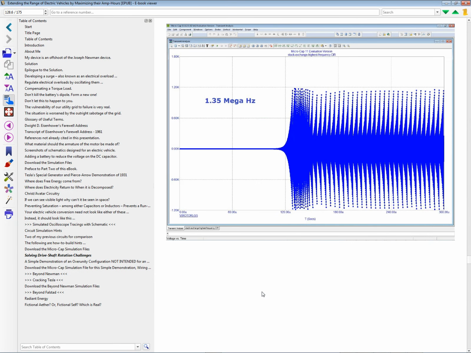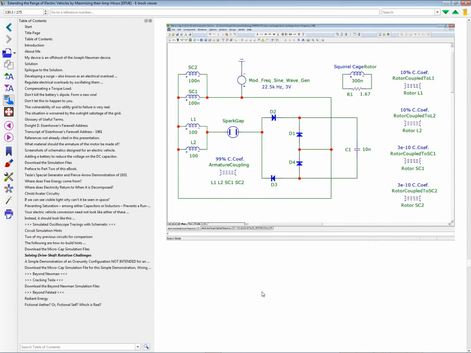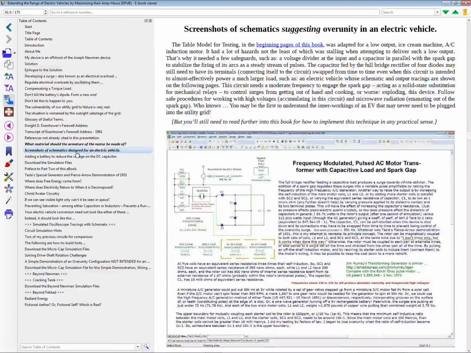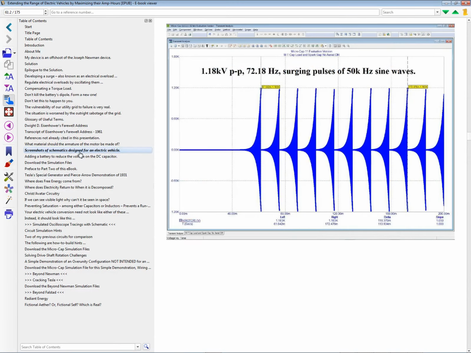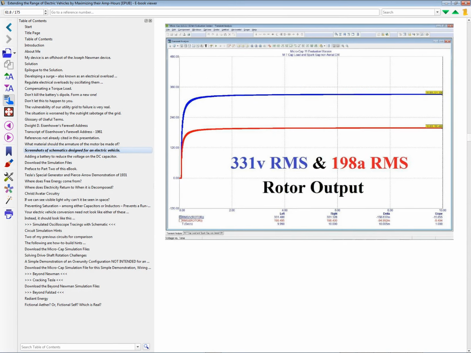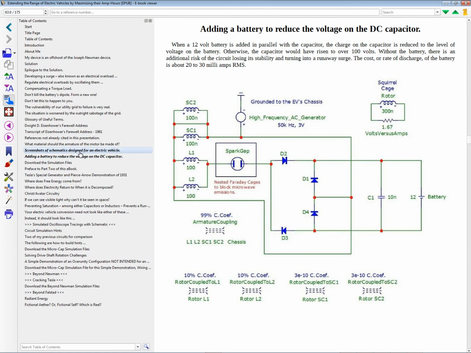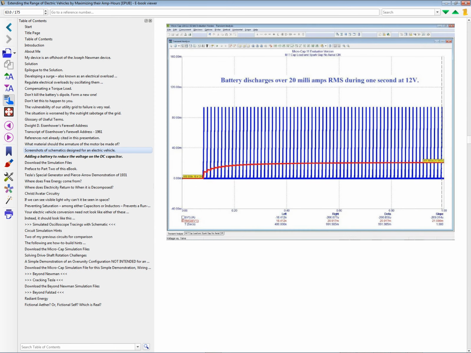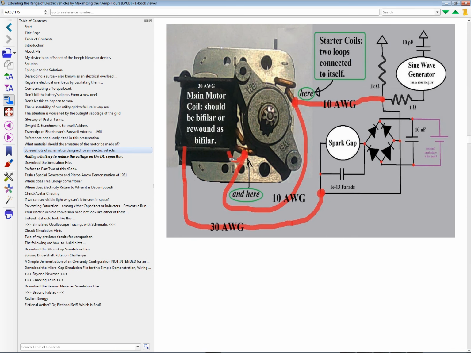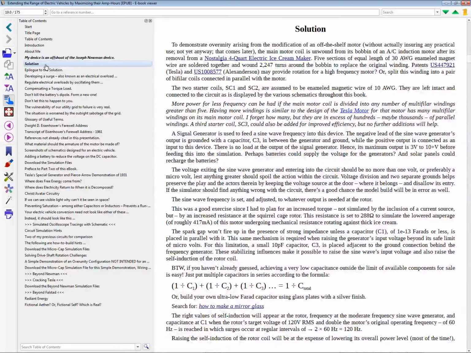Let's see if I put a... So there's the circuit. Let's see. No, I don't have it here. Okay, I'll have to bring it up. There's another place. Where is it? I have so many schematics and images in here. Nope, it's not there. Alright, where are we? Situation, vulnerability, solution. Maybe it's here.